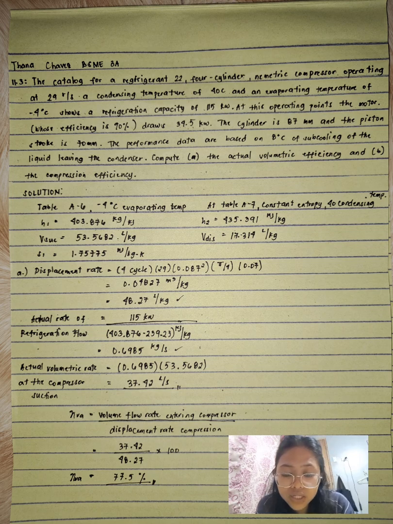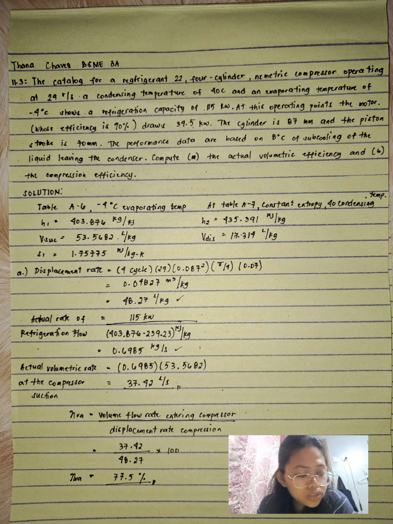At table A-7, constant entropy, 40 condensing temperature, H2 is equal to 435.391 kilojoule per kilogram. V discharge is equal to 17.314 liter per kilogram.